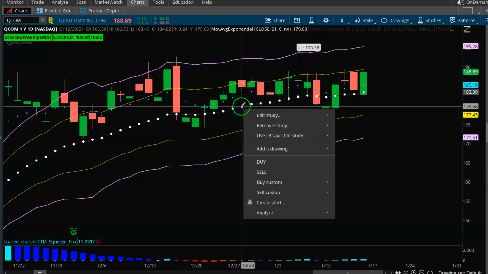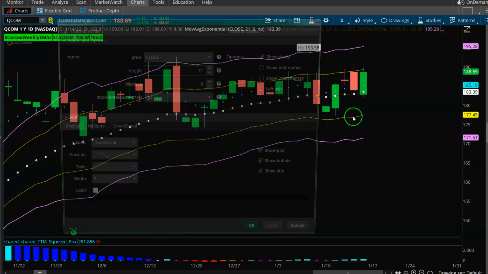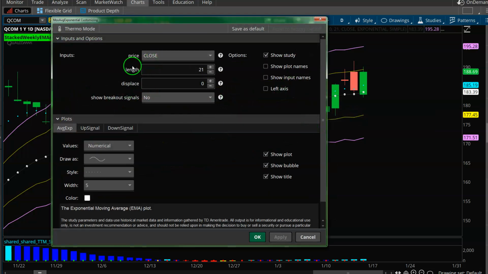Then right click it, edit study, and there are the settings for the 21 EMA: price close, length 21, displace 0, a width of 5, and I have it white. I'm going with the dotted style. You can spice that up however you'd like. But there are the settings for the 21 period EMA.